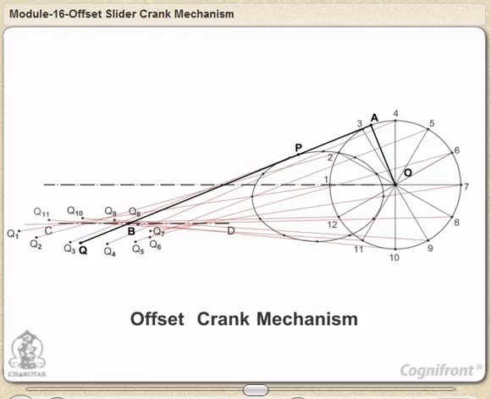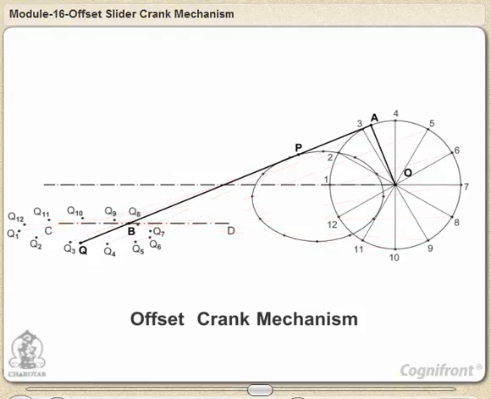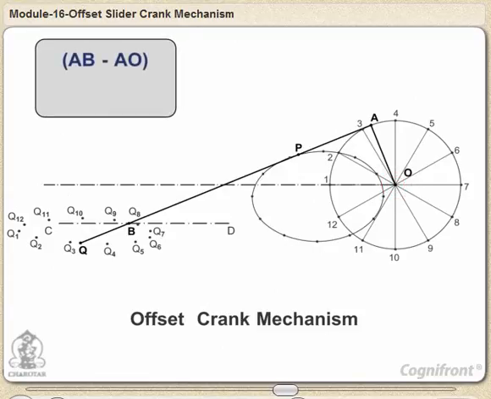It is also necessary to determine the limiting positions of the end B. These are found by drawing arcs with center O, radii AB minus AO and AB plus AO, and cutting the path of B at points B' and B''.